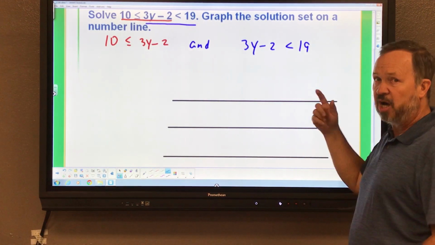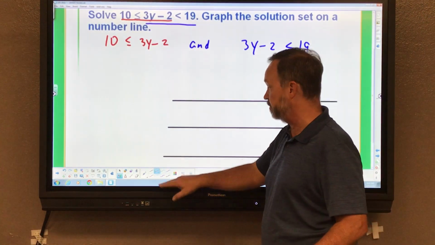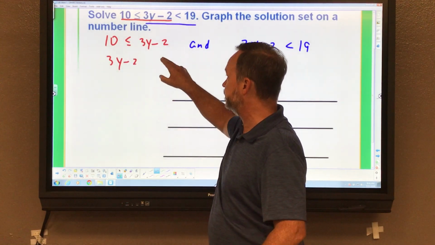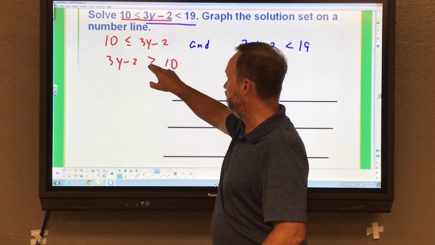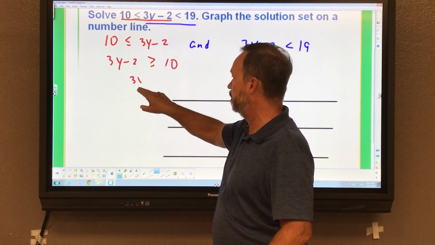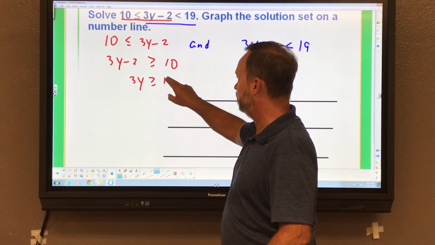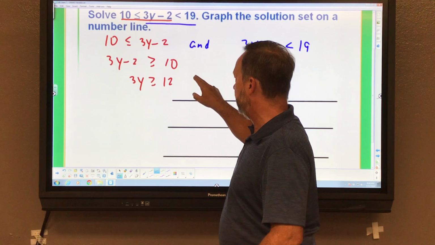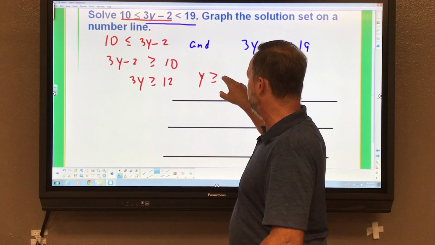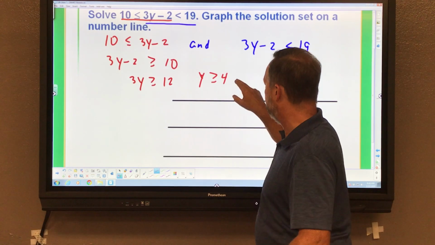So I'm gonna need to resolve both of those, which is gonna take me some doing. So I like the letter on the left. Little m pointing at the 10. Pop the 2 over. Be an add, be 12. And so I get y is greater than or equal to 4. Okay, and then I have my and.